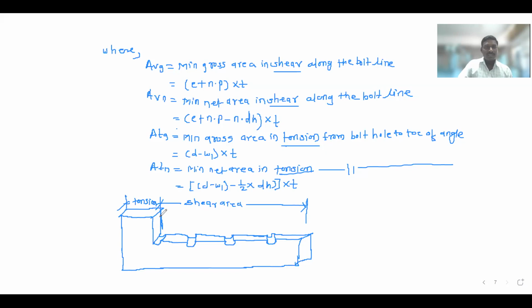So it means this area is shear area from this to this. So that again I will show you. So here I will draw the angle section again. So this is the angle. So it means this is your bolt line. This is your plate.